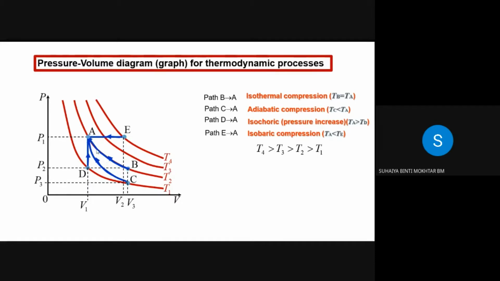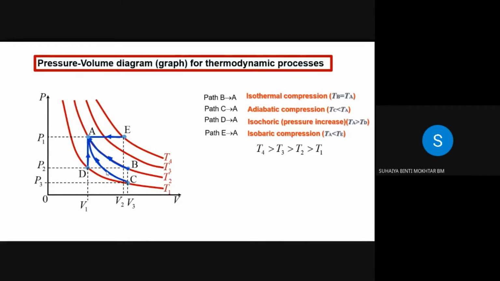Okay, TA equals TB equals T2 and volume decreases. So work done here, we calculate, should be negative. Okay, why negative? Volume just decreases. Then process CA, adiabatic process.